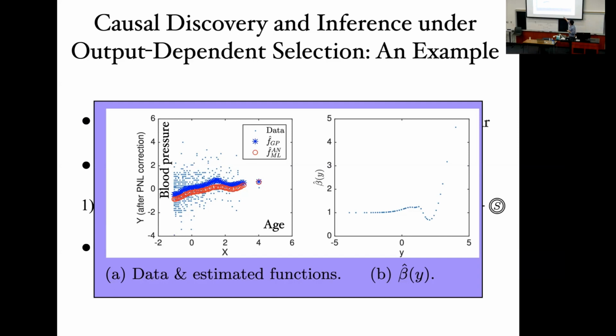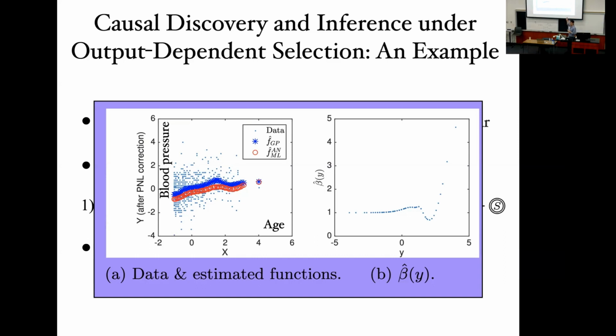Okay, the higher this value, the more likely it is for you to have the data in your data set. Now you can see this is the estimated function. It's very interesting because right here it's kind of flat, but it's very high if the blood pressure is very high. It's kind of reasonable, right? Because if the blood pressure is very high, it's more likely for this person to be measured and included in the data set.